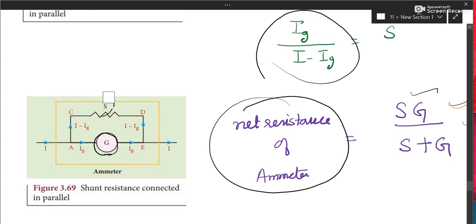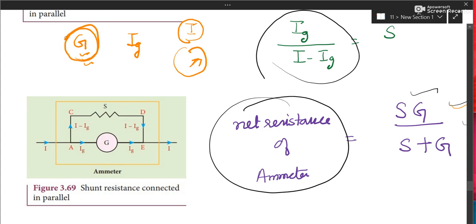So how to learn it, how to say it? Listen. A galvanometer of resistance G ohm could measure up to this IG current. That was the last value of current. Now it can measure up to I. A galvanometer of G ohm could measure up to 4 ampere or 3 ampere, IG ampere.